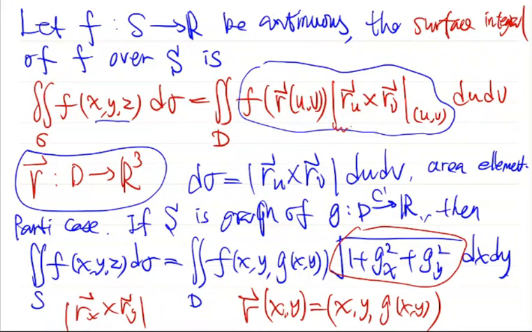And here g(x, y) is simply the substitution, since the parametrization r(x, y) is replaced as (x, y, g(x, y)). So compare this with our definition. It is clear that for this particular case, where S is the graph of a function, the surface integral takes this form. Okay.